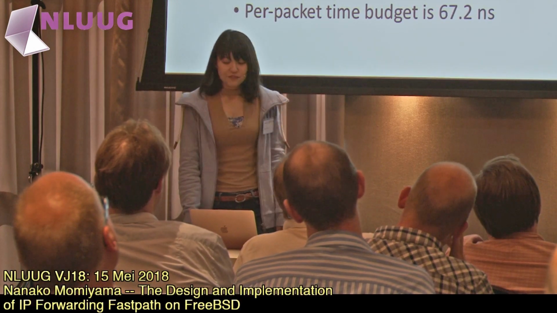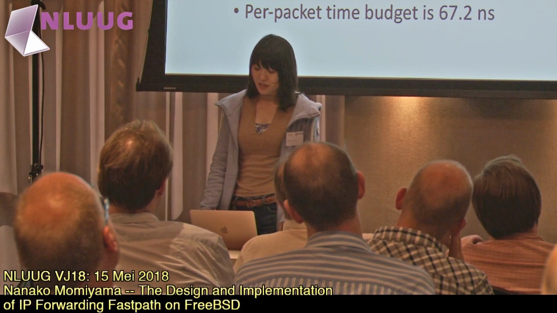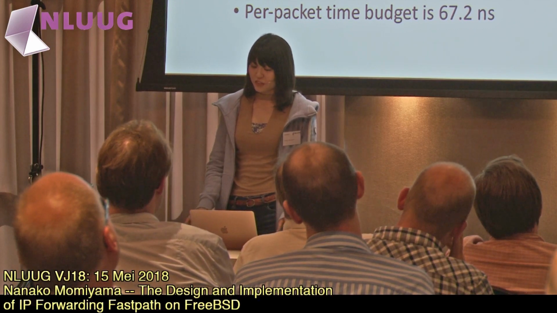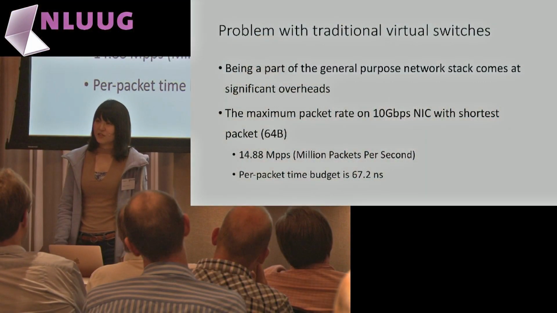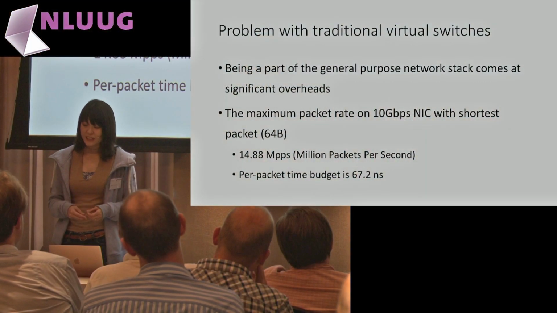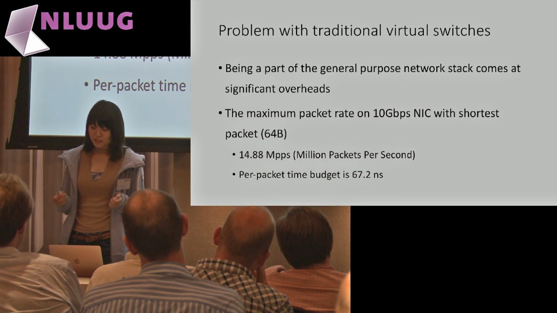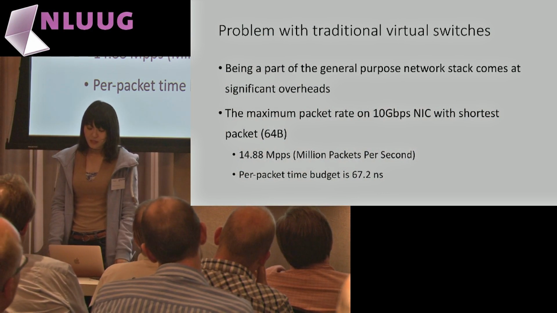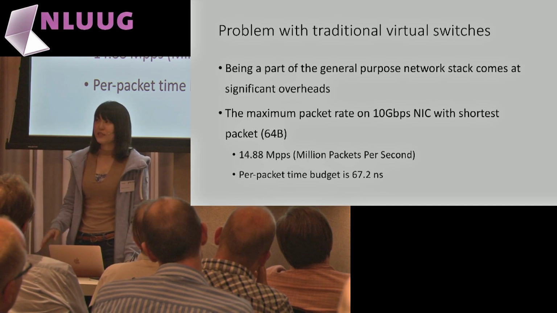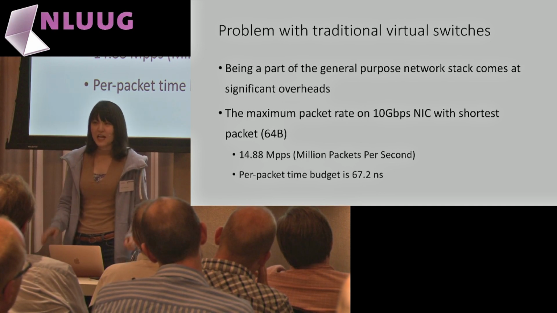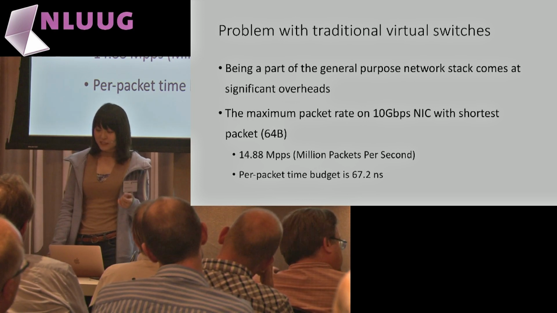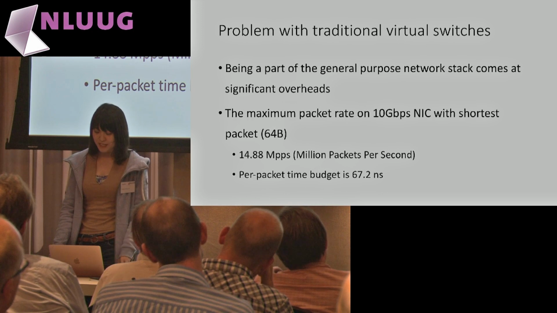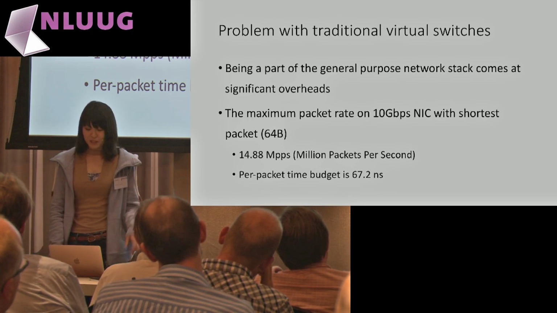One reason is that being a part of a general purpose network stack comes with overhead. For example, each single packet is processed by the protocol stack in the kernel. Also, we need to consider the time budget per single packet. The maximum packet rate on 10 Gbps with the shortest packets is 14.88 million packets per second.